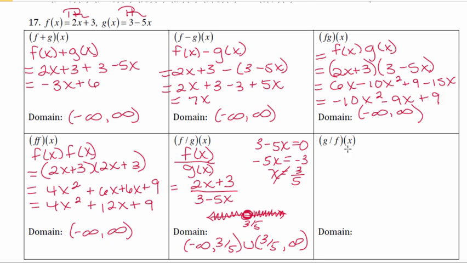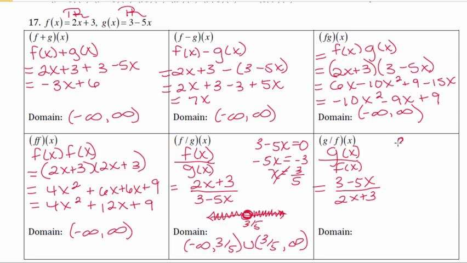And then we're going to do g over f, which is g of x over f of x. So we're going to flip that fraction around. You are going to have 3 minus 5x on top, and on the bottom you have 2x plus 3. Once again, the domain of the intersection of the two originals is negative infinity to infinity, but we now have x's in the denominator of the fraction since we've made a fraction, and we cannot have the denominator equal to 0.